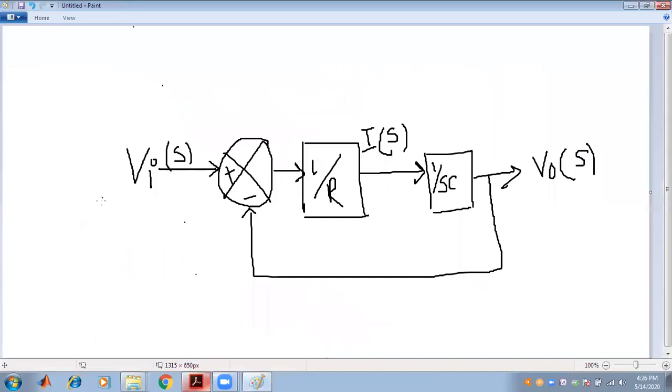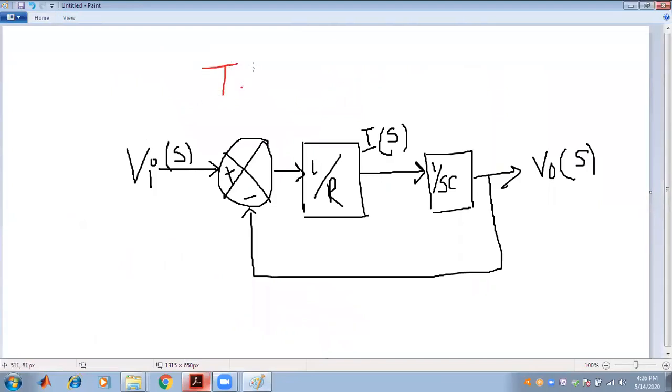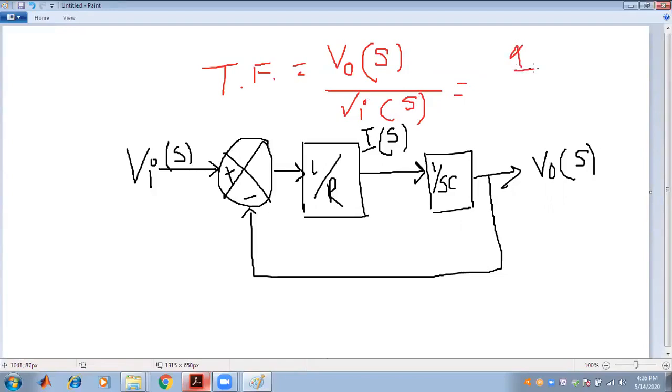After doing all the calculation, keeping all the initial conditions equal to 0, the transfer function that we have found from that closed loop system is V0 by Vi equal to 1 by 1 plus SRC.